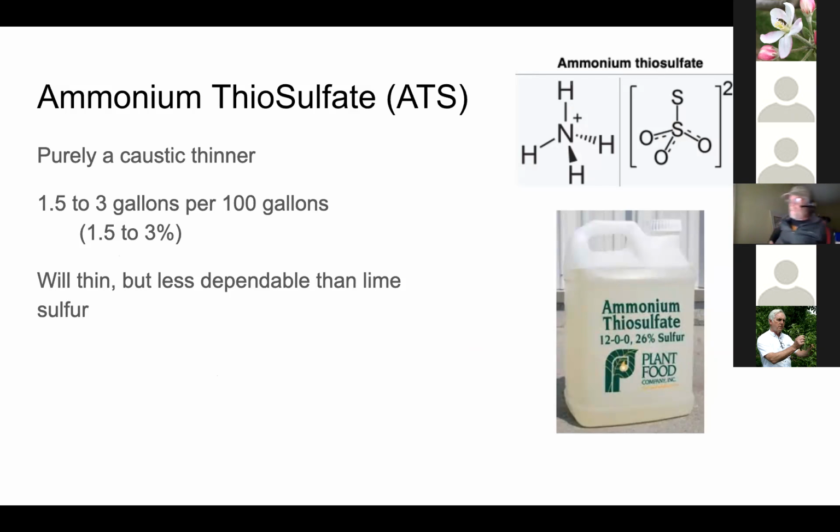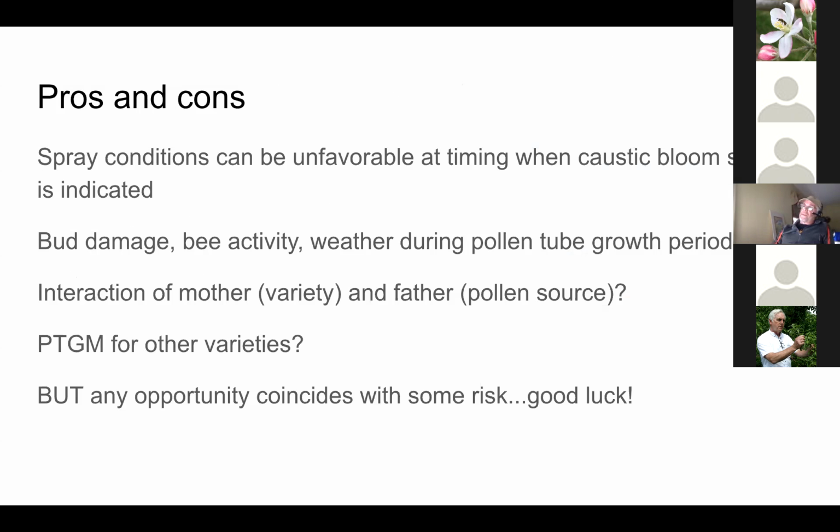I suspect lime sulfur is a little easier to get. And again, you're going to be putting it on for disease control at that time period. It will help prevent scab. So I haven't used ATS. I would, at this point in time, recommend lime sulfur based on my one experience with that.